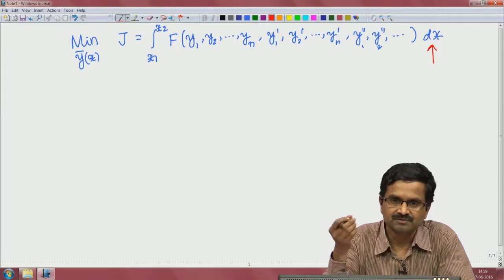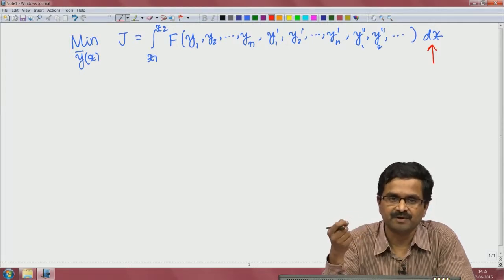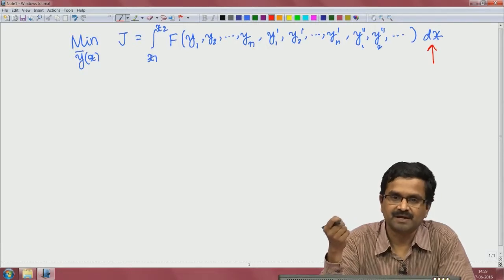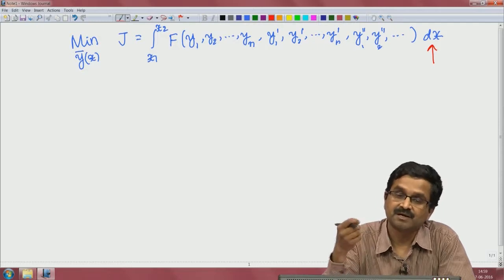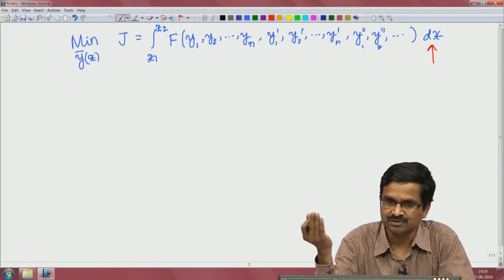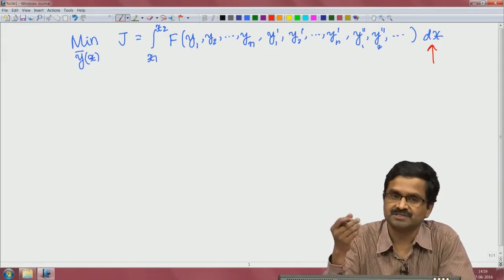Now, we will graduate to more than one dimension, because most of the problems that we encounter in mechanics are not one dimensional. Bars and beams are, but plates are not, membranes are not, and general 3D structures of course are three dimensional.